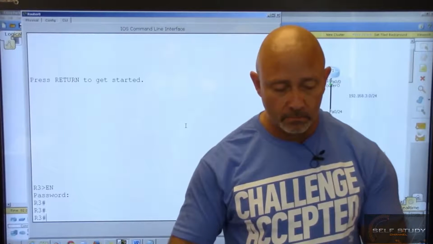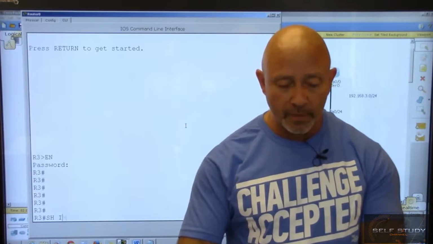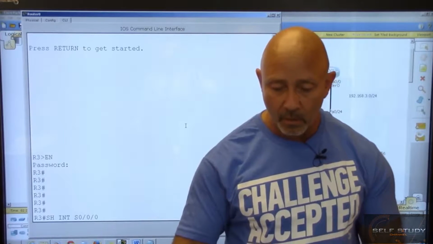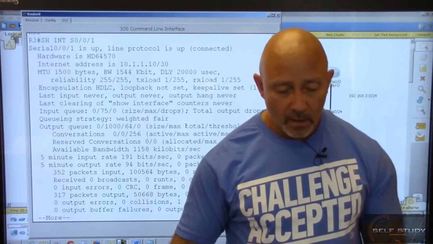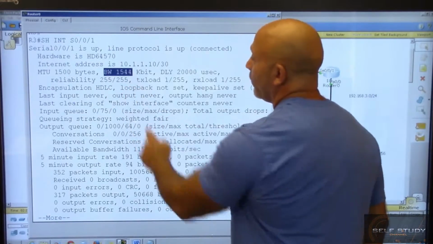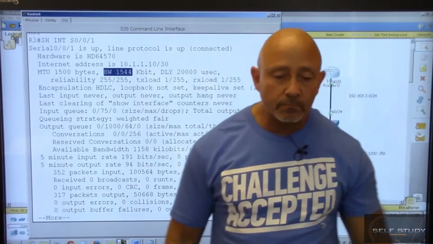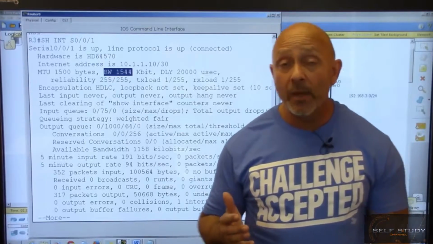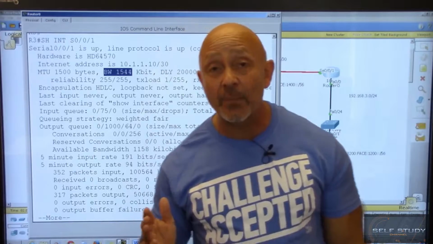Let's look at that serial, show interface S0/0/1, sorry. All right. There's your bandwidth for that particular one. That's a WIC 2T. The WIC 2T has that type of bandwidth on there.